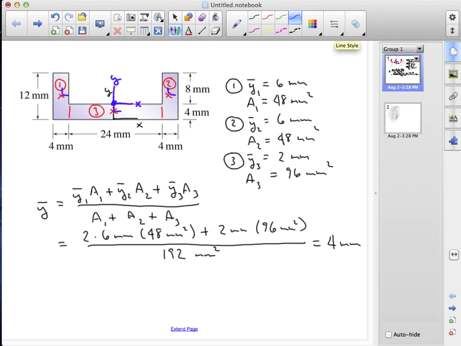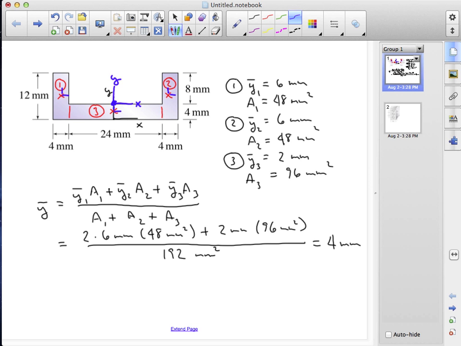So what we'll notice is that the distance between parallel x-axes in all of these cases is actually 2 millimeters. We've got for areas 1 and 2, 6 minus 4 is 2, and for area 3 we've got 4 minus 2 is 2. So for calculating Ix, the quantity dx will be 2 millimeters in all cases.